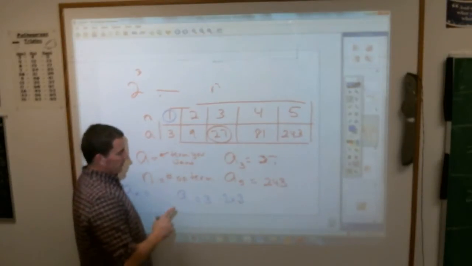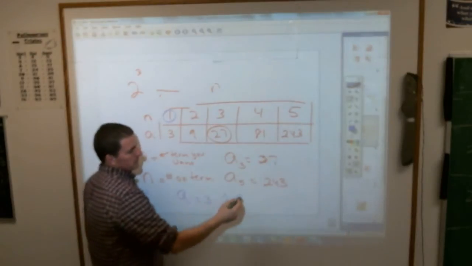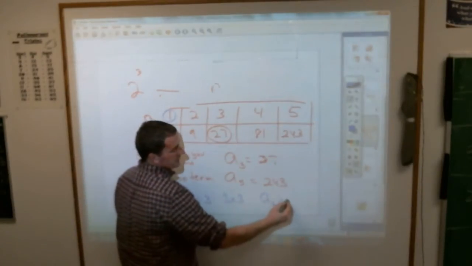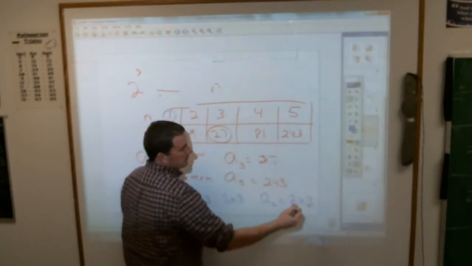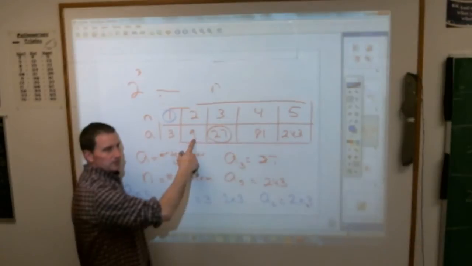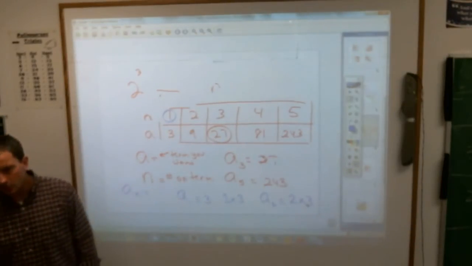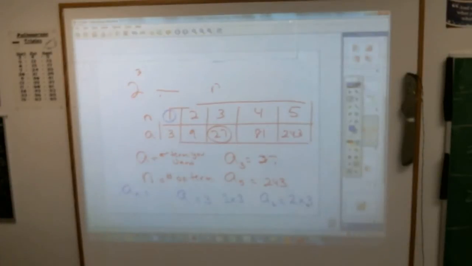But I ask you, does that work for the second term? If I look at A to 2, do I take 2 and multiply that by 3 to get 9? No, so that doesn't work. Think about this, people. If it's a geometric sequence, it's going to have an exponent or a power in it.